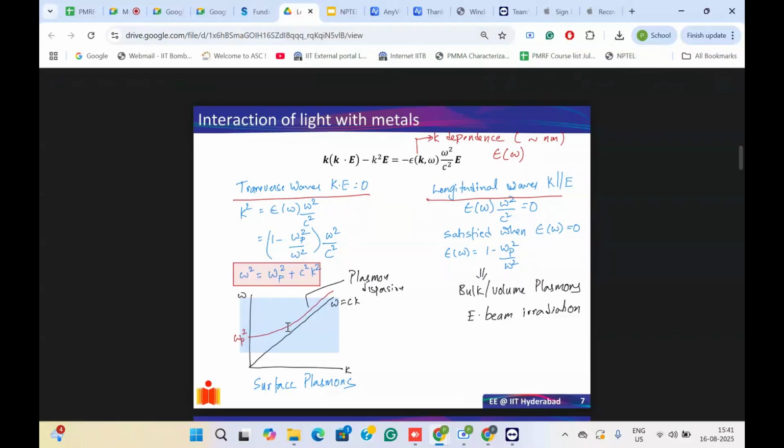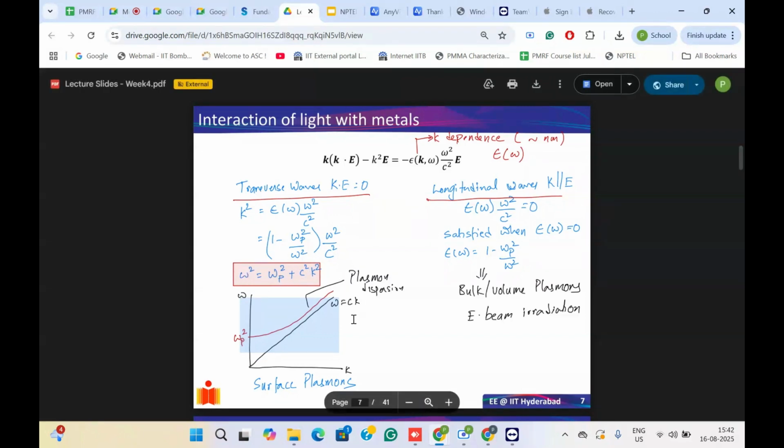But for matter, using this relation, if we plot, we are getting that at k equal to 0, omega is not equal to 0, which was the case in free space.